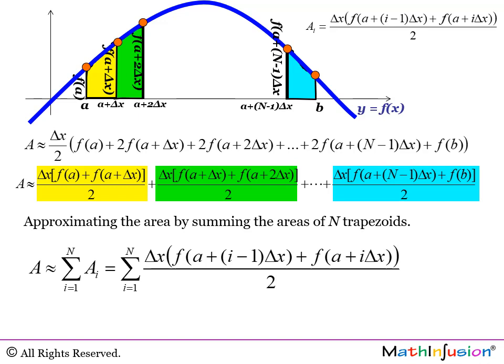And that's why it can also be written as such. So if I write this as trapezoids, then this is the sum, i runs from 1 to n, of delta x times [f(a plus (i minus 1) delta x) plus f(a plus i delta x)] over 2, which is just the area of each trapezoid.